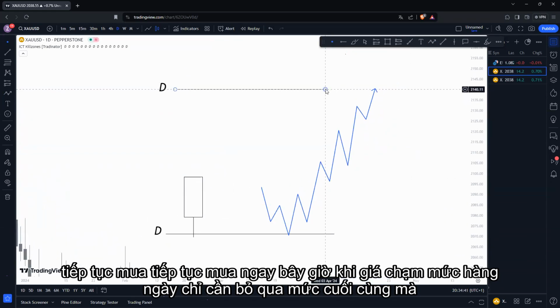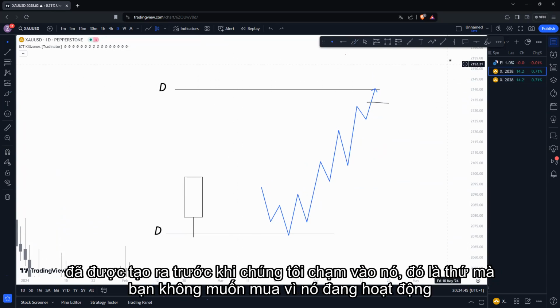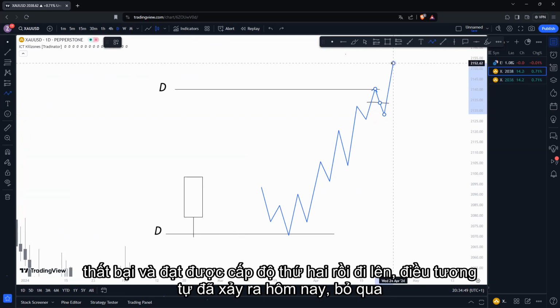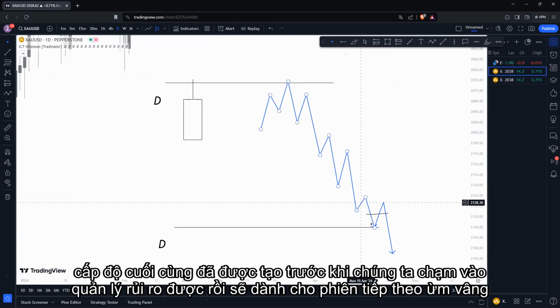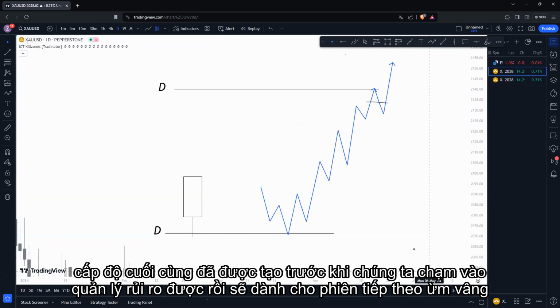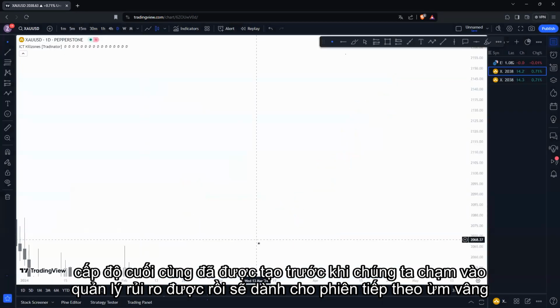Now, when price touches the daily, just ignore the last level that got created before we touched it. You don't want to be buying from it because it's going to fail, and then price takes the second level and goes up. It's the same thing that happened today. Ignore the last level that got created before the touch, okay?